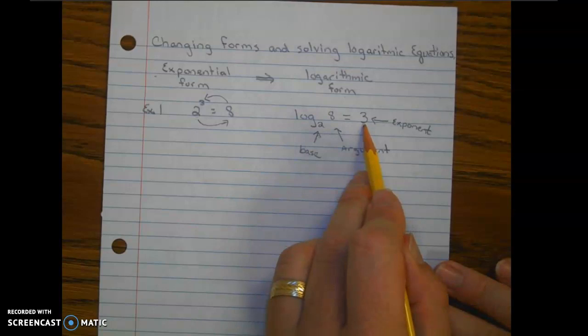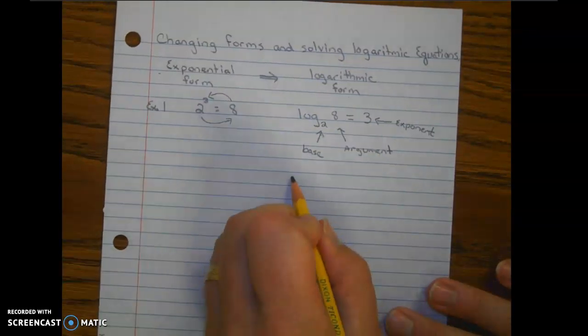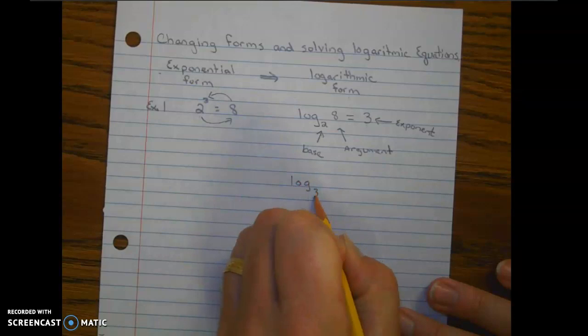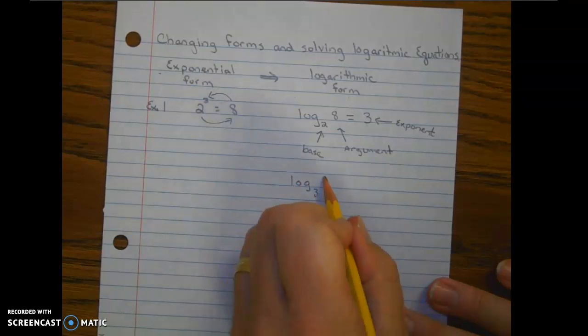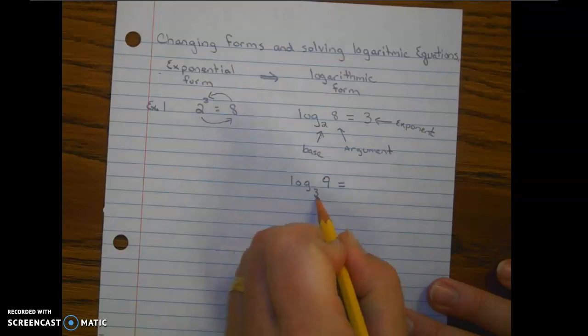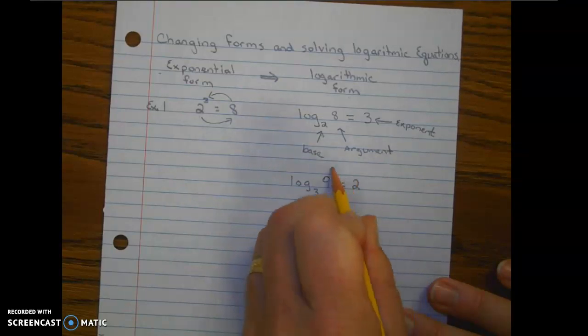Okay, so now let's go the other direction. This time let's go with log base 3 of 9. So 3 to the second power equals 9.